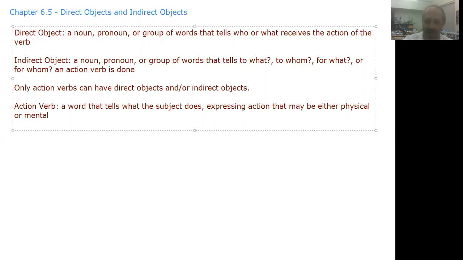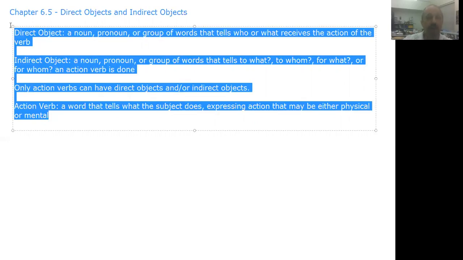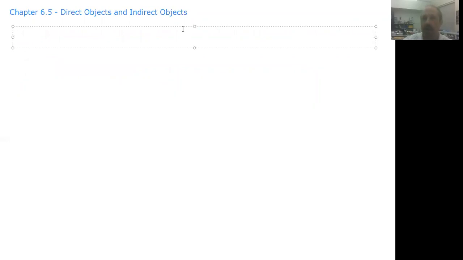Good job. Outstanding. So the vocabulary is now going to go away, and I'm going to replace it with some instructions and some examples. All right. So first, the instructions.